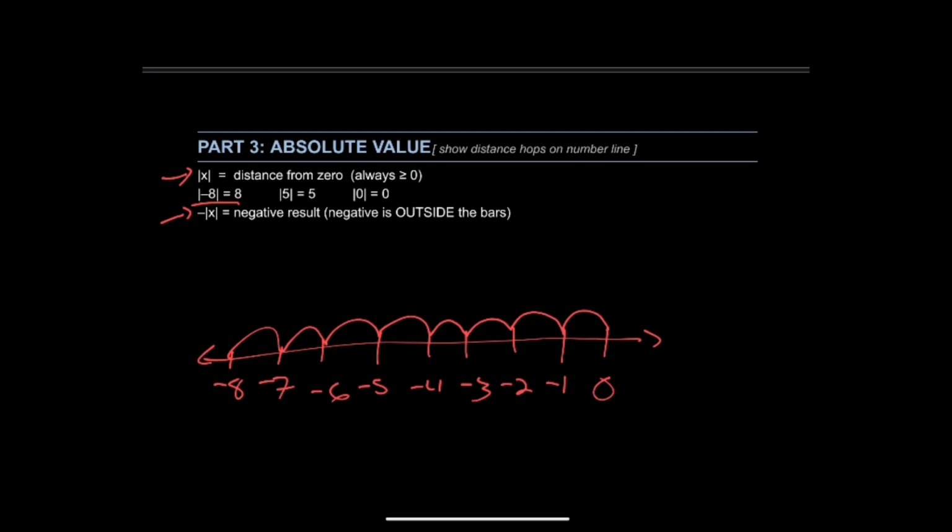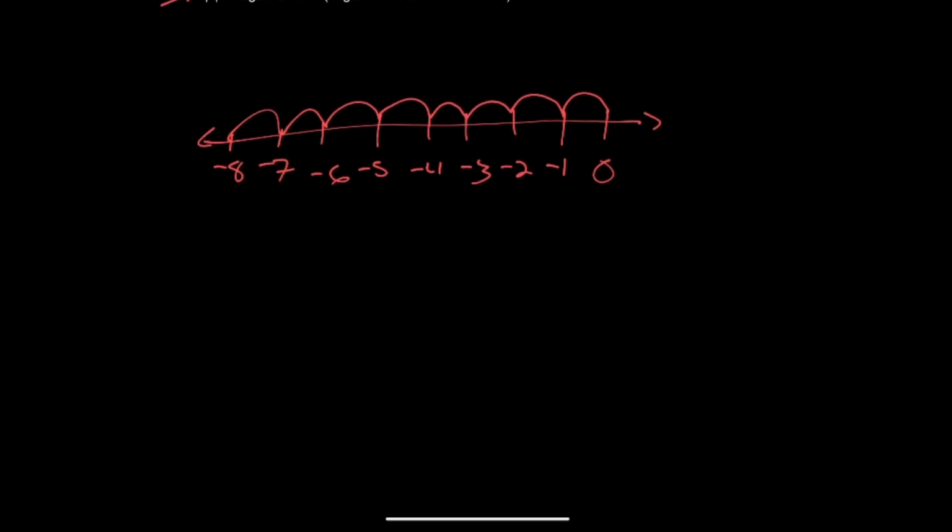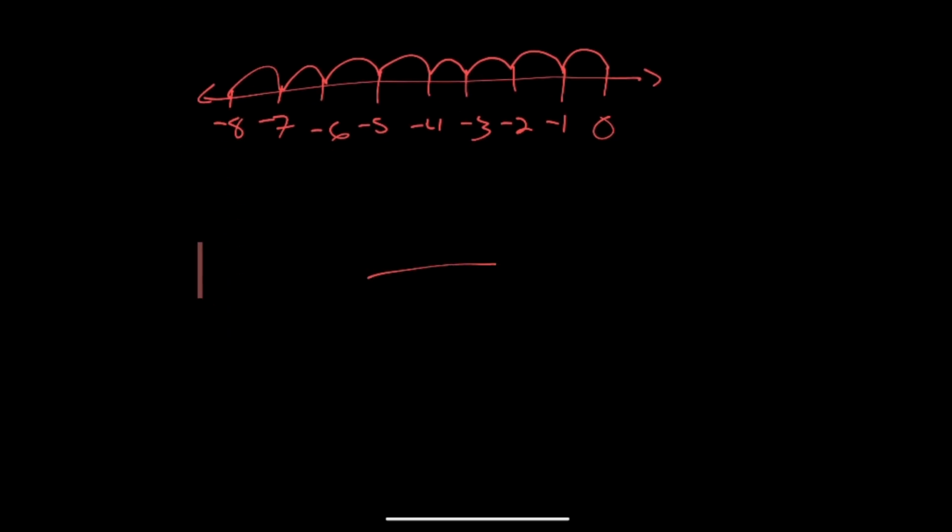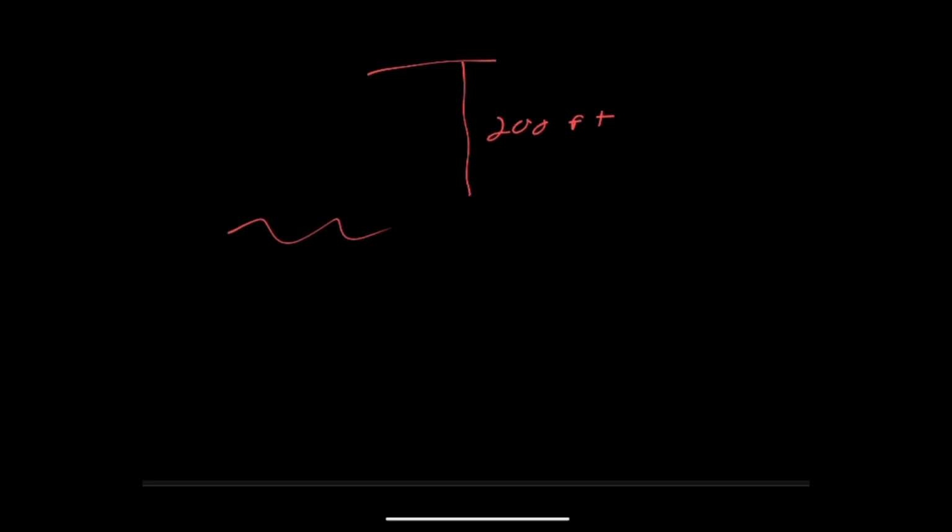To use a real world situation, let's say that we have a drone flying 200 feet above the ocean, and then below we have a submarine that has dove 200 feet.